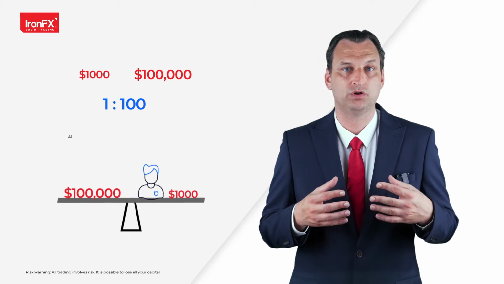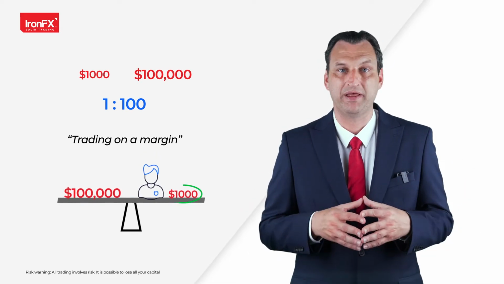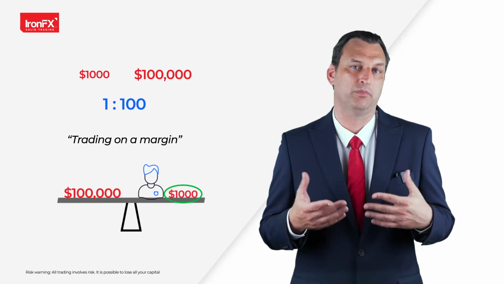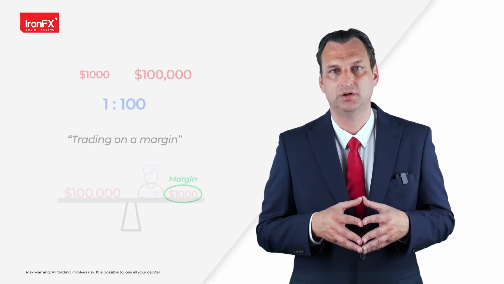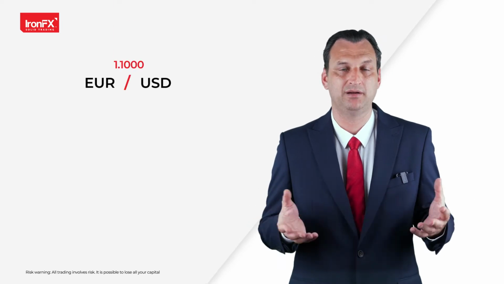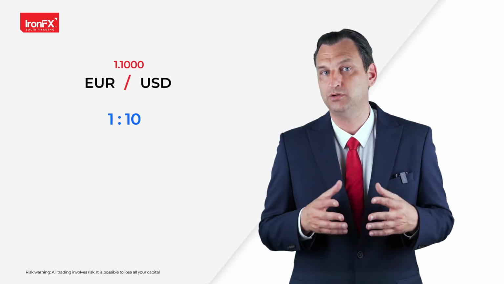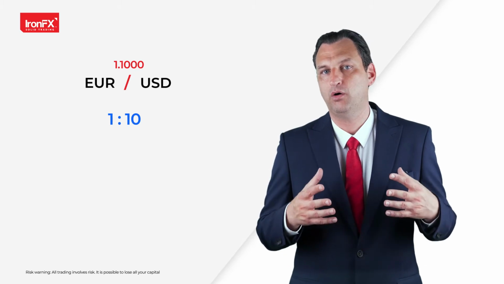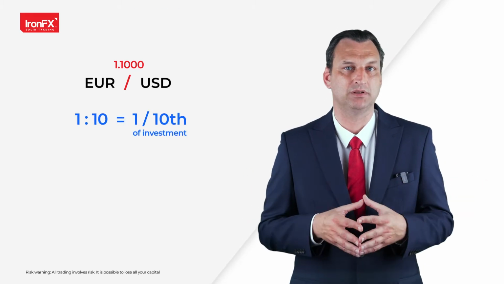That is also called trading on margin, with the $1,000 you commit from your funds being the margin. So practically, if for example Euro USD is trading at 1.10 and you choose to use 1 to 10 leverage, then you will only have to put up 1/10 of the investment.